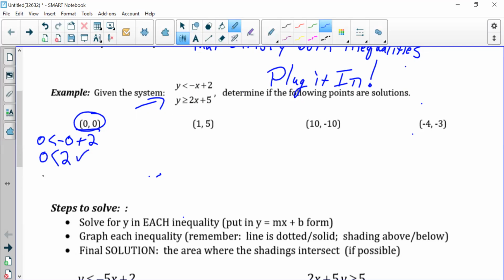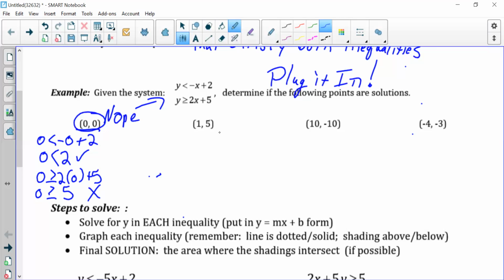What about the second one? 0 is greater than or equal to 2 times 0 plus 5. 2 times 0 is 0, and 0 plus 5 is 5. 0 is greater than or equal to 5? No. This is not a solution.